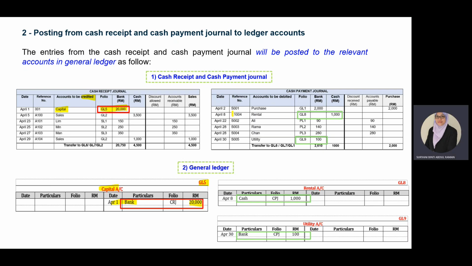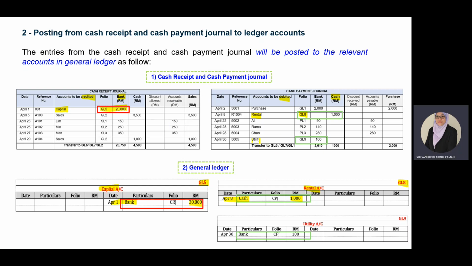Okay, next is to record the rental. We have rental here. We open GL8 as the rental account, and the account to be debited, so you debit cash 1,000. Why cash? Because it is paid by cash. This one, why bank? Because you banked in the money.